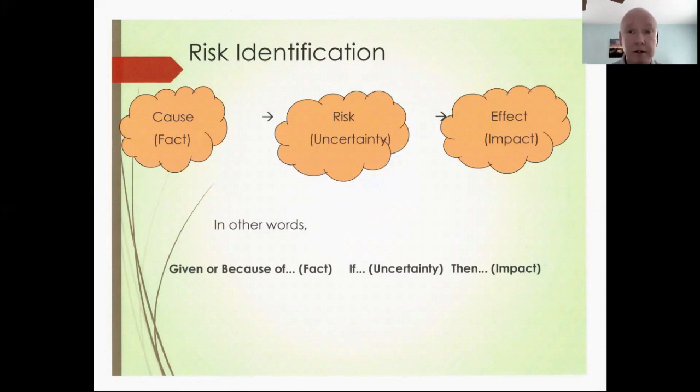Breaking it down into 3 parts is what I use and what I found in other seminars and from other people. It's broken down to the actual cause, the actual risk, and the actual effect. Or in other words, the fact that caused it, what the uncertainty, the unknown is, and what the impact is. So it's really given, if, then. Think of risk identification as breaking down into given, if, then statements.